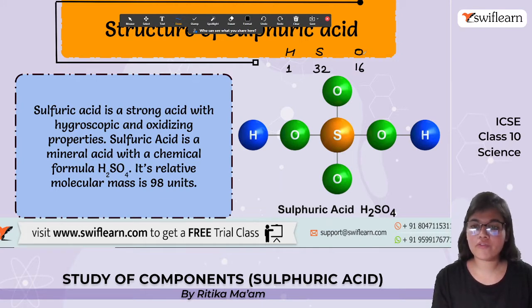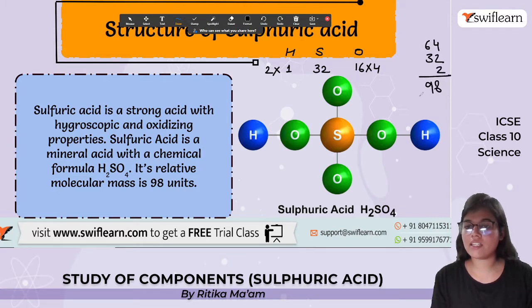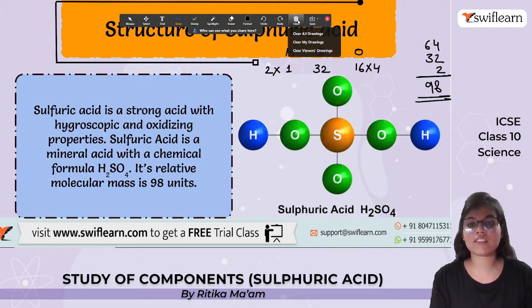We are having 4 atoms of oxygen, 1 atom of sulfur and 2 of hydrogen. So here we get 16 4s are 64, then 32, and then we have 2. So it gives approximately 98 unit mass, and that is how we say the molecular mass of sulfuric acid becomes 98 units.